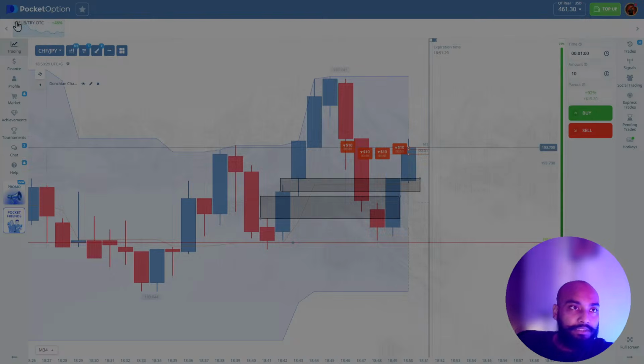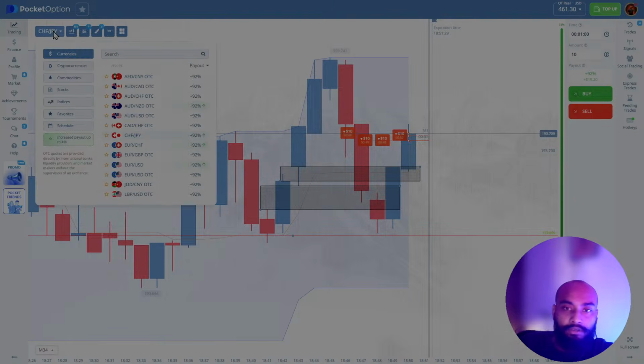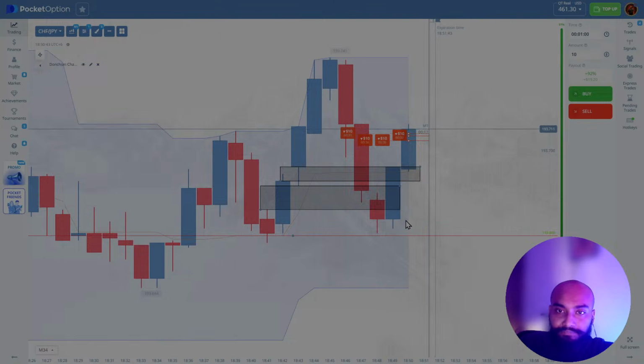So this is the real market. You can also choose the OTC markets, but today is Wednesday, so you can trade simply on the real market. With the time aligned, I took this trade downwards and got a very good entry point. With the time factor, it gives a good winning opportunity.